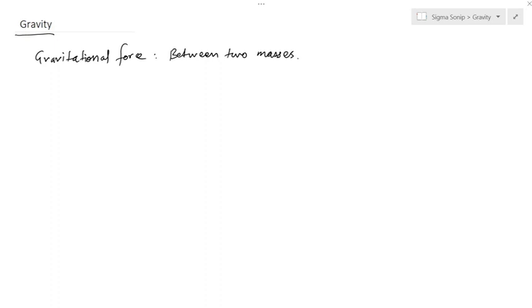But if you got two similar charges, like two protons, they will repel each other. So electrostatic force can be attractive as well as repulsive, but gravitational force is only attractive in nature. There is no repulsive force between two masses. Another comparison with electrostatic force: gravitational force is comparatively weak.